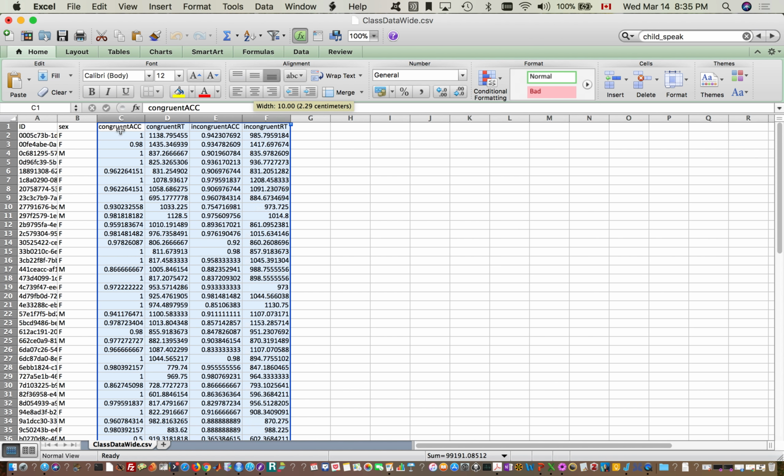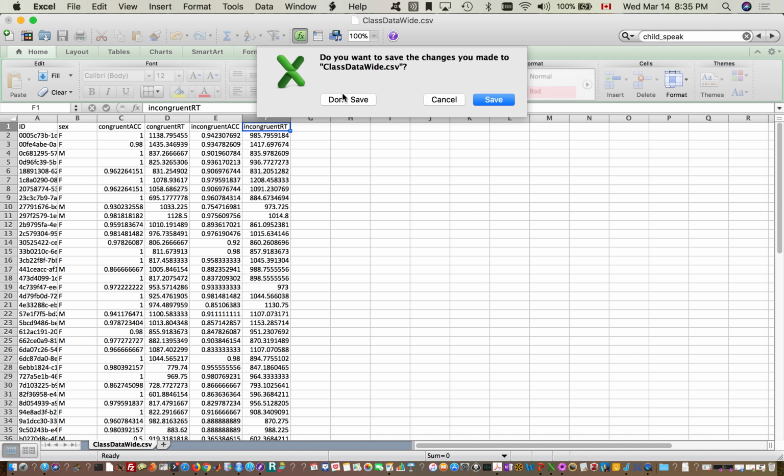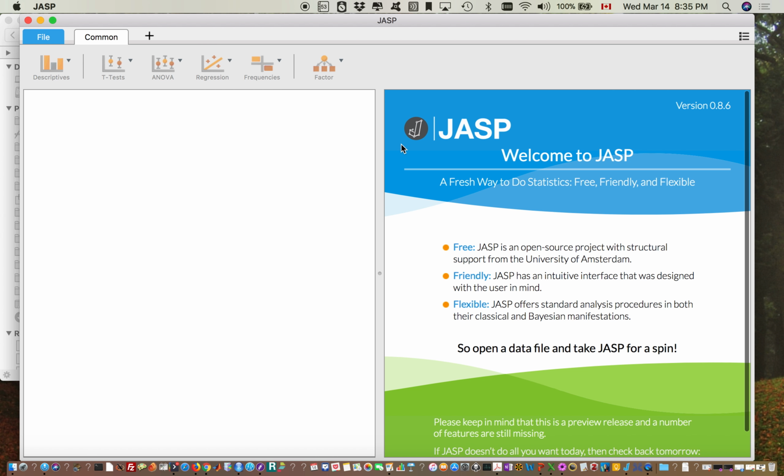We have ID, sex, accuracy for the congruent trials, accuracy for the incongruent trials, reaction times for the congruent trials, and reaction time for the incongruent trials. So that is good. All right, let's close this for a second. I'm not going to save it. And we're going to go back to our JASP program.